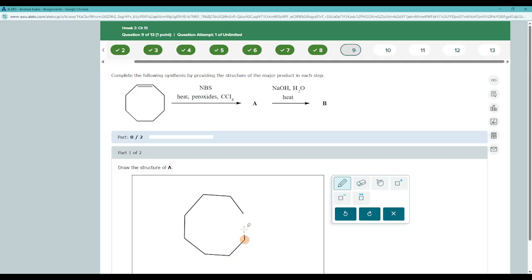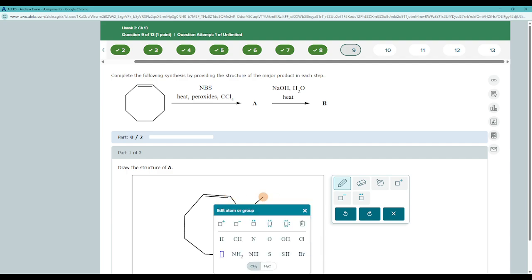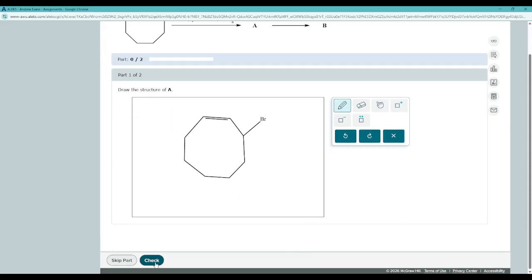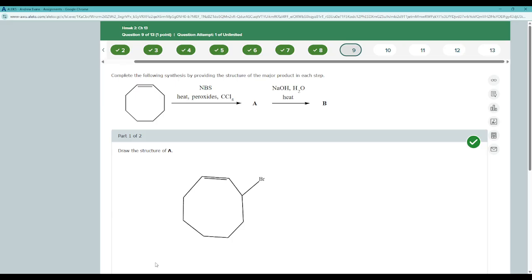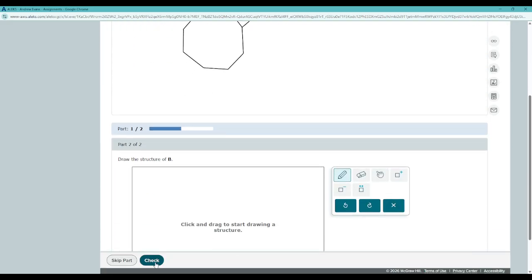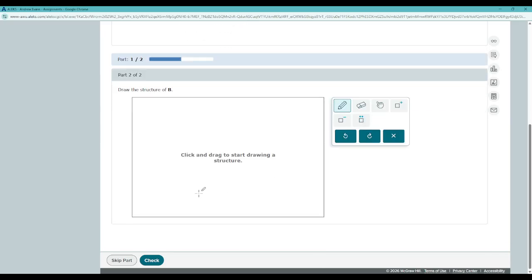So step one, I'm drawing my starting material. NBS is going to add bromine right there. Now, hydroxide plus heat and water. I'm not sure if it's going to make an alcohol there.